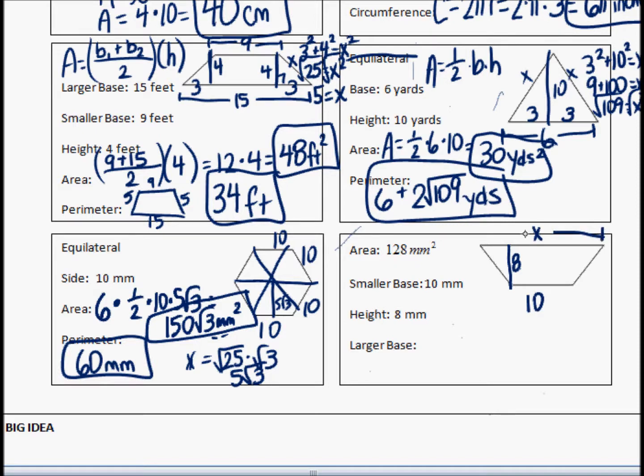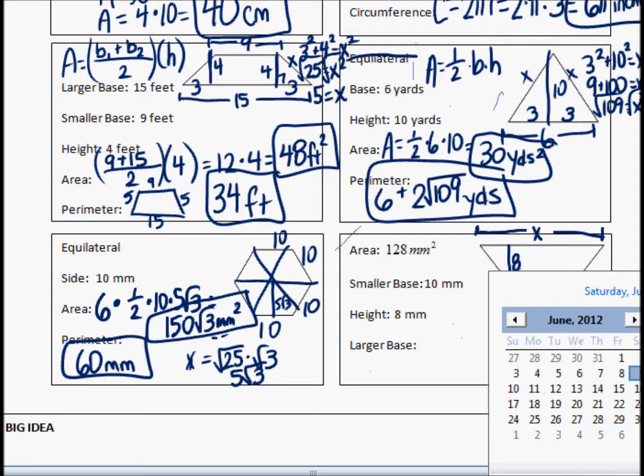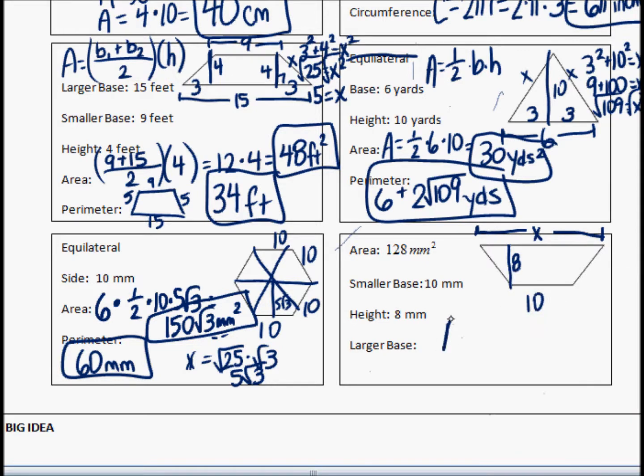Remember that the formula was area equals base 1, which is 10, plus base 2, which is x, over 2, because we're finding the average of the two bases, times the height, which is 8. And if we know that the area is 128, I'm going to substitute that in.